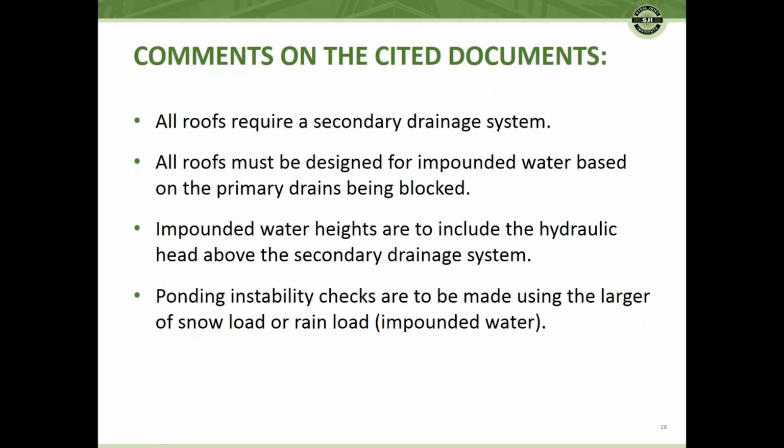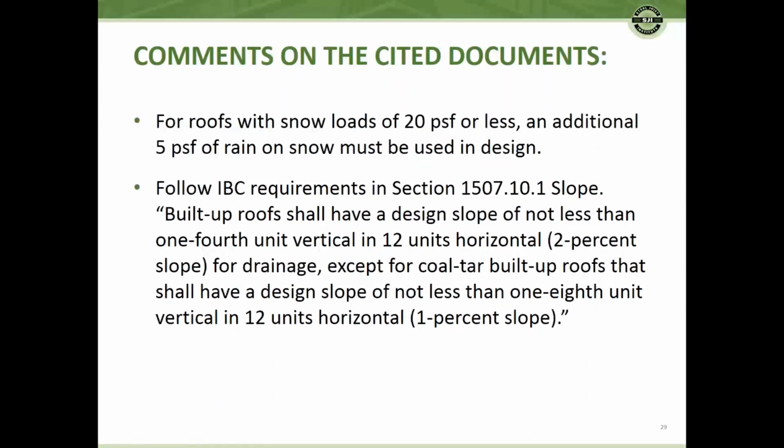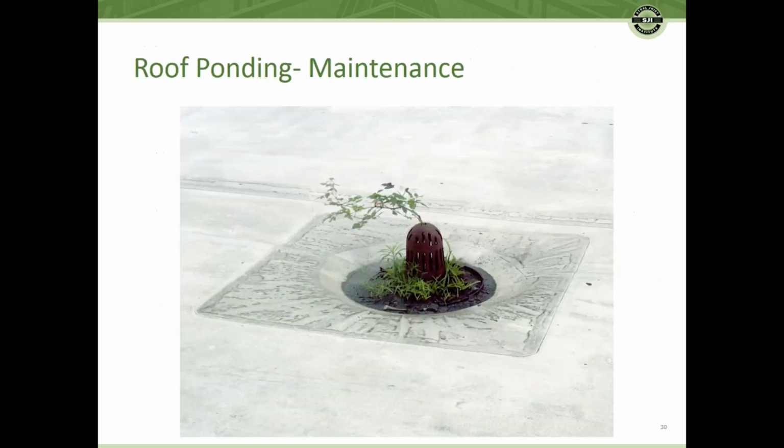And ponding instability checks are to be made using the larger of snow load or rain load, i.e. the impounded water. I didn't cite it, but don't forget that for roofs with snow loads, according to IBC, of 20 PSF or less, you have to add an additional 5 PSF rain. And don't forget about the slope of a 1/4 on 12.